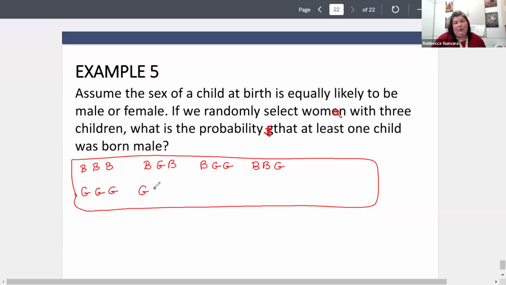I could have had a girl and then a boy, then a girl. I could have had a girl and then a girl, then a boy. Make sure I didn't miss one here. No, I've got them all. And the other possibility is a girl and then 2 boys. So this is my sample space.